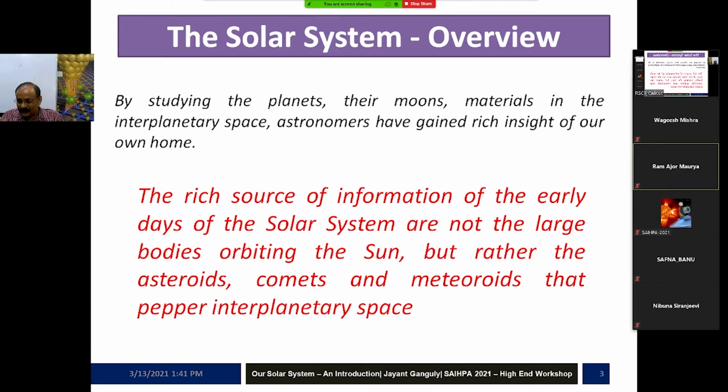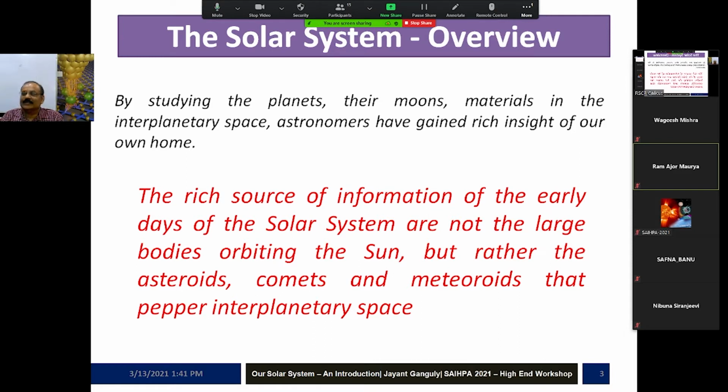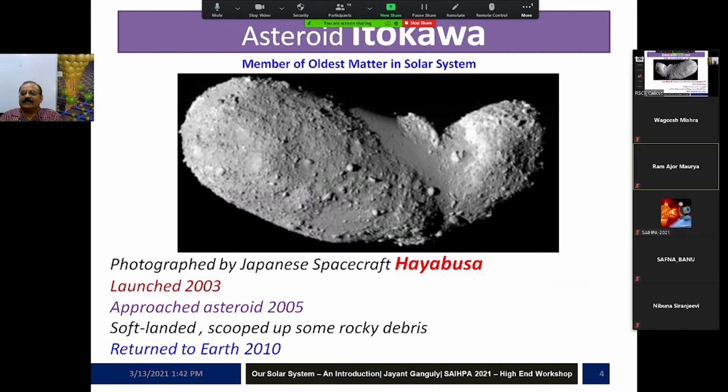So all this gives a rich source of information, and we need it for a lot of different kinds of observations, because we need something which has not been tampered with through the ages. So we have to search for objects which are preserving signatures of early formation periods, and people are studying asteroids, comets, and meteors, and we will discuss all these briefly in fair detail as we go on.